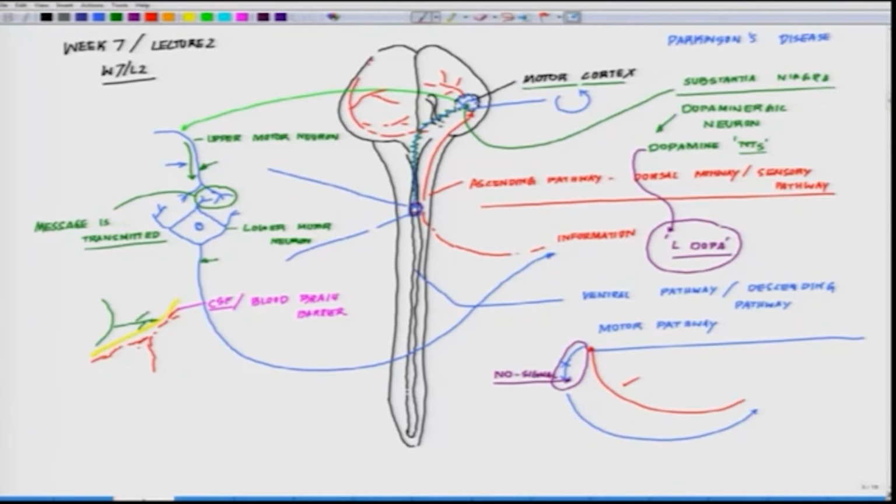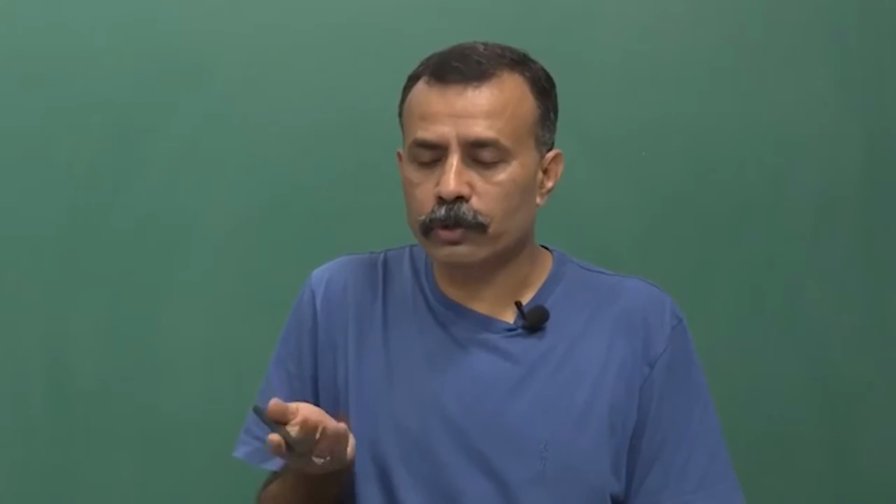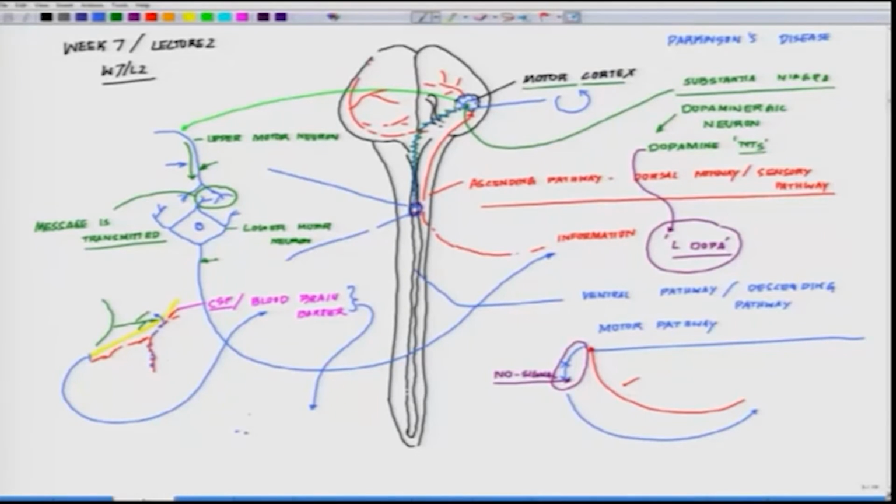So now we realize that for a drug to jump, suppose you introduce a drug, these blue dots are the drugs, and for a drug to jump to this side, it has to cross through the blood-brain barrier, and the blood-brain barrier is not so easy to cross unless you have specific boats, molecular boats, or cargo boats, which can carry this small drug molecule, or ferry this molecule in a boat to the site where the neuron is present.